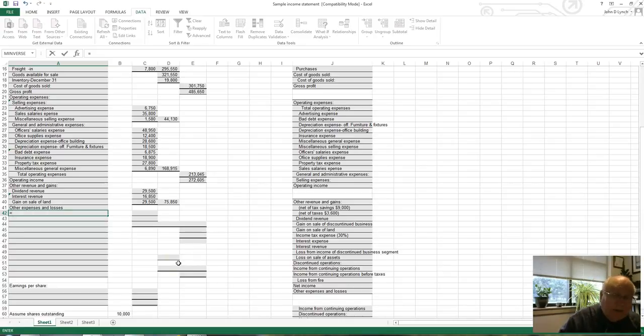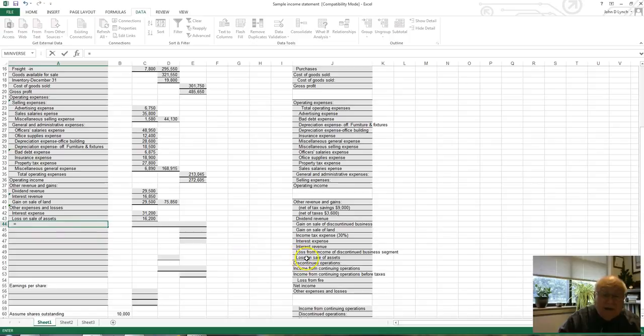So what we have in that one, the most common one, would be interest expense, which most of us are real familiar with. That one is for $31,200. Then we have also loss on sale of assets. This would be loss on sale of equipment, whatever you may have, $16,200. And then I put another one in here called loss from fire.